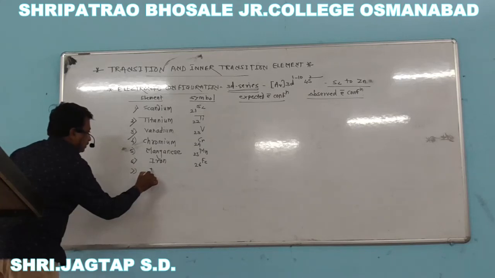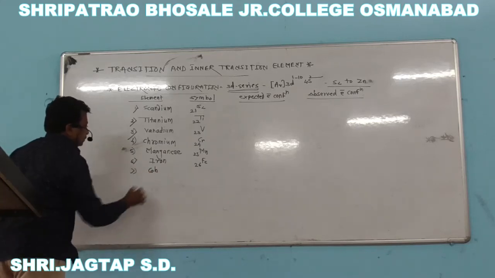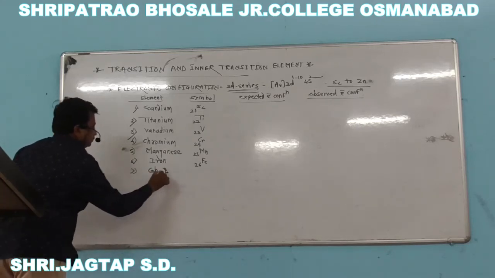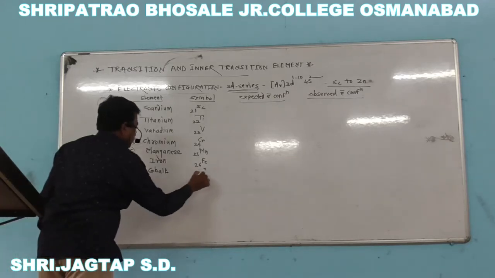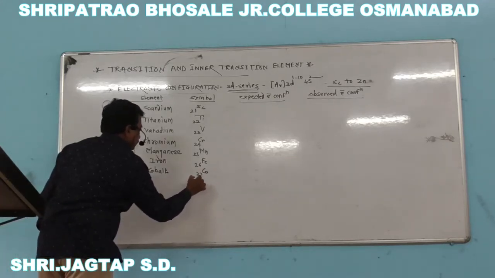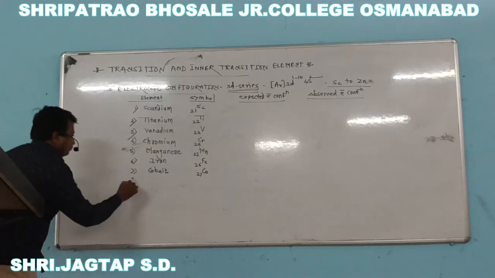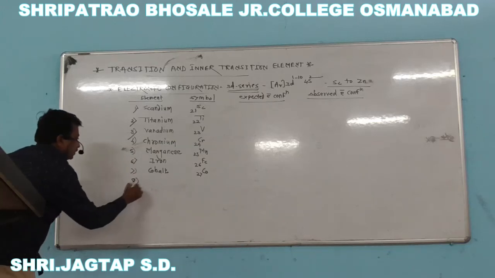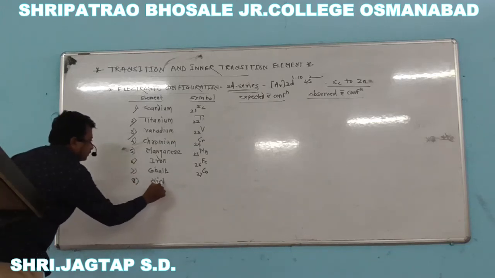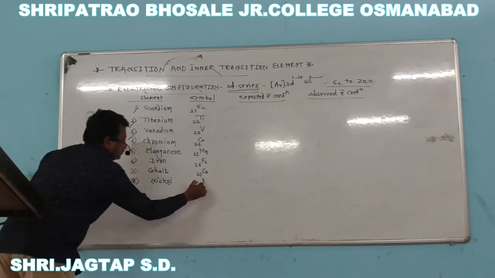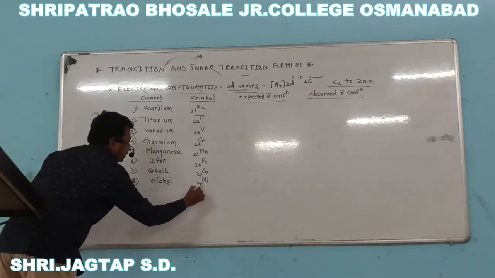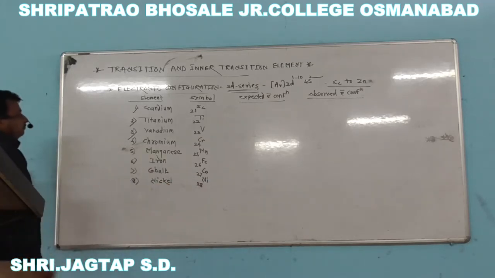Then cobalt, symbol Co, atomic number 27. Then nickel, symbol Ni, atomic number 28.